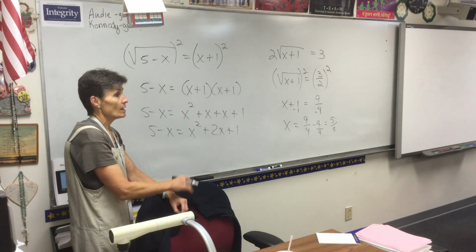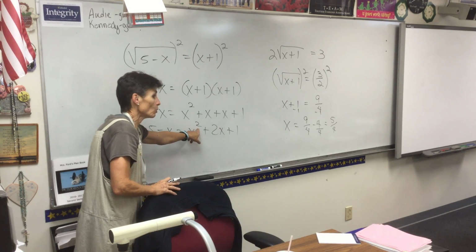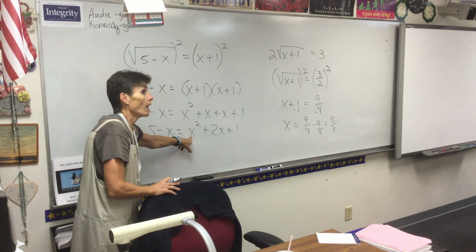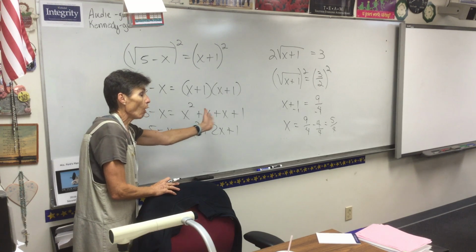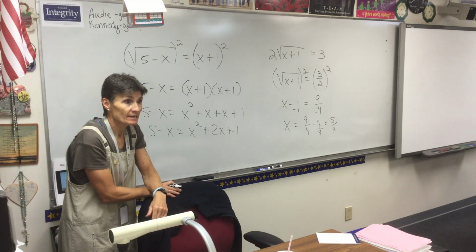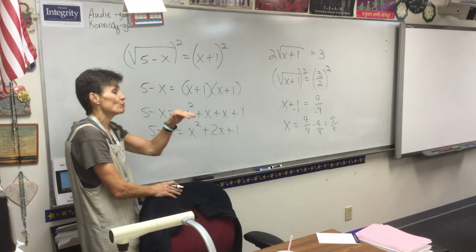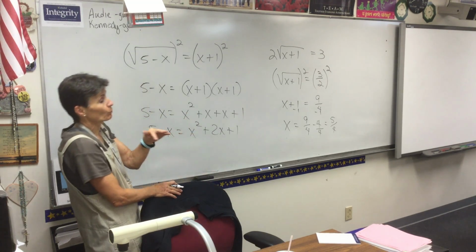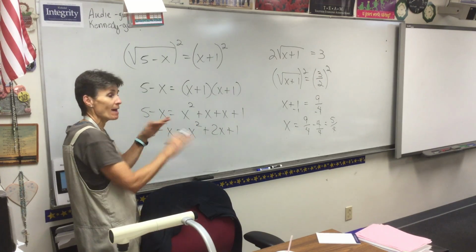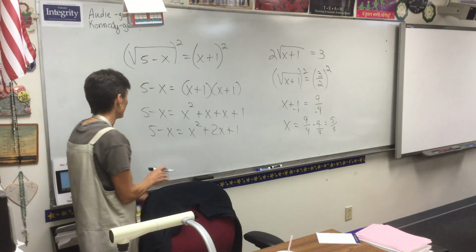Get 0. This is what kind of an equation? Quadratic. You always want your quadratic set equal to 0. Whether we're graphing them, whether we're using the quadratic formula, whether we're factoring them, it doesn't matter. You want to get them set equal to 0.